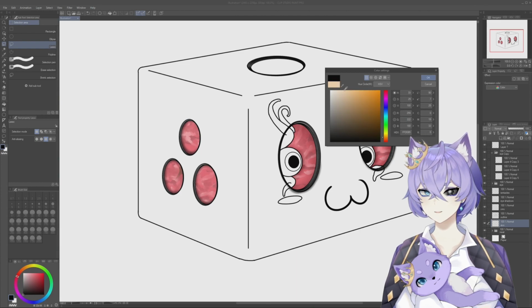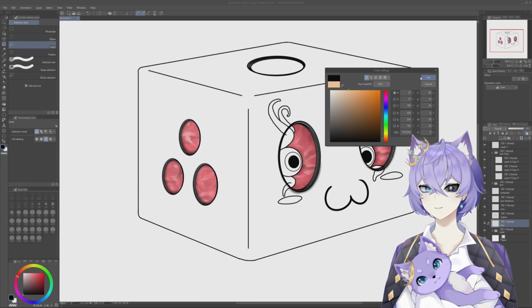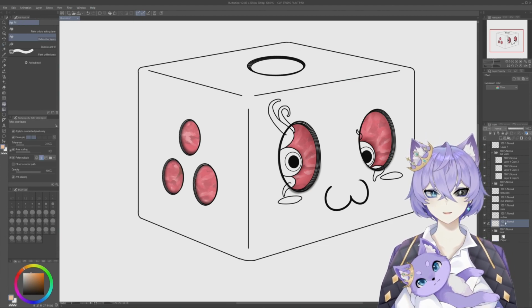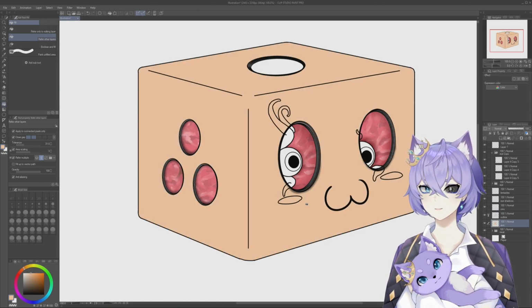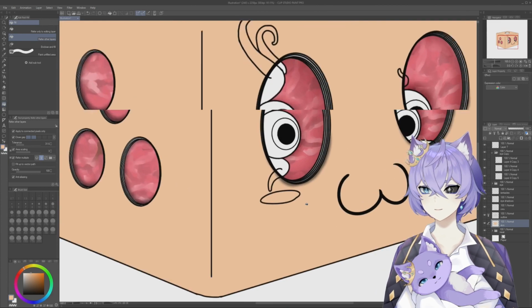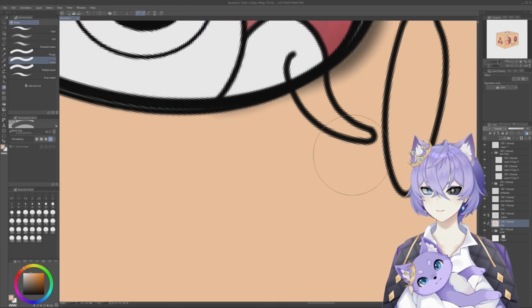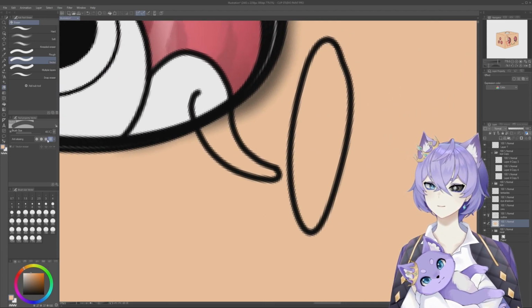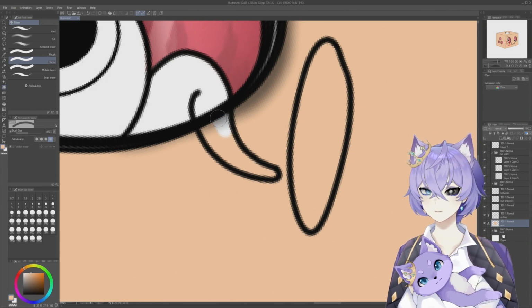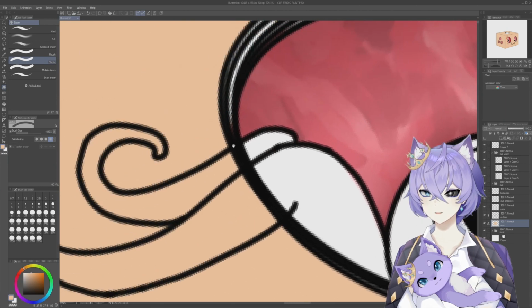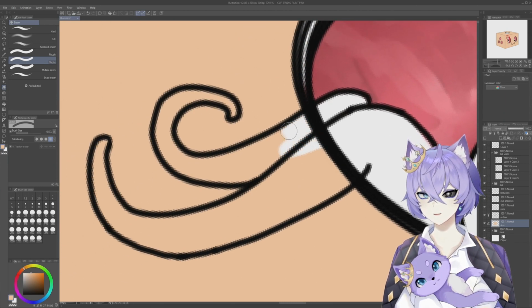I believe this is a pretty standard one. There we go. Take our pot. We reference this as our reference layer. Take our eraser, go in and clean that up. Just like this.